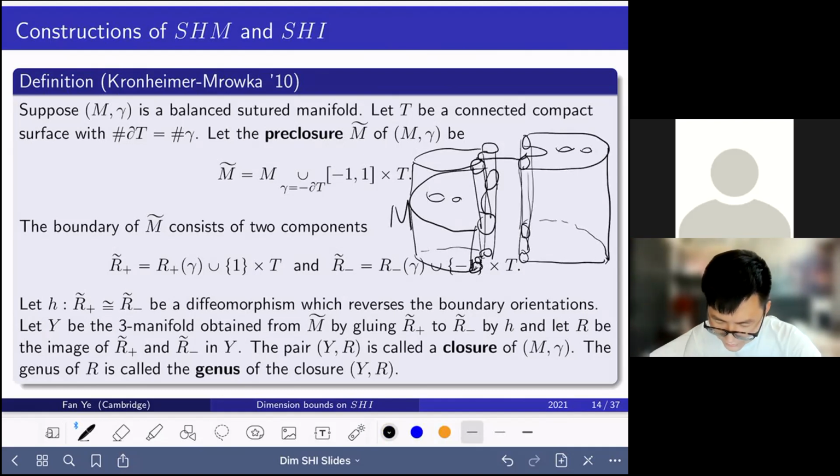Then we glue them together to form a pre-closure. So this is T times {1}, and T times {-1}.